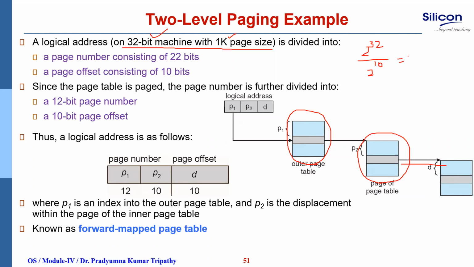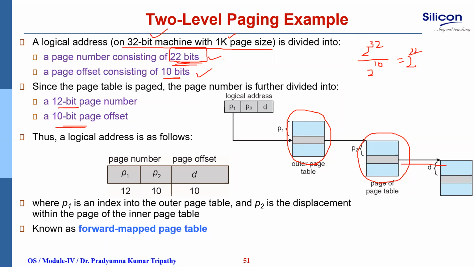This gives you 2 to the power 22, which means 22 bits are required for the page number, and the 1K means 10 bits are required inside the page. Correct? Now this 22, again we'll break it: 12 bits for page number and 10 bits for offset.